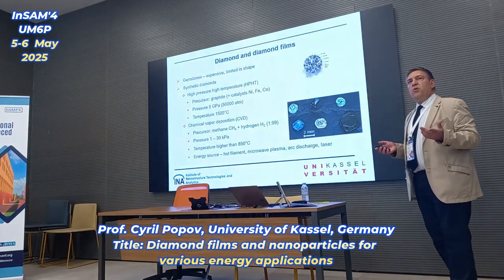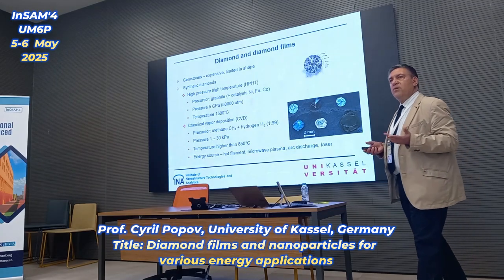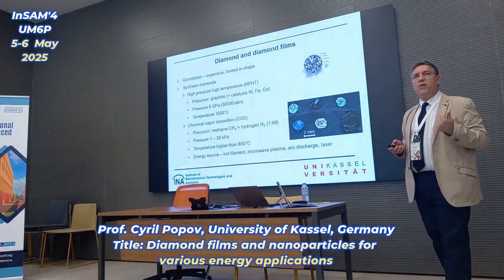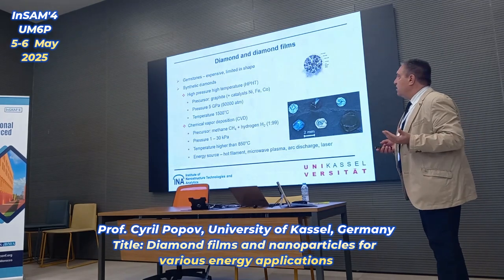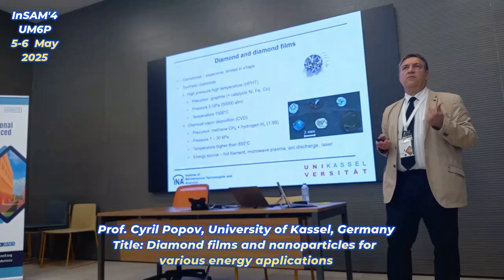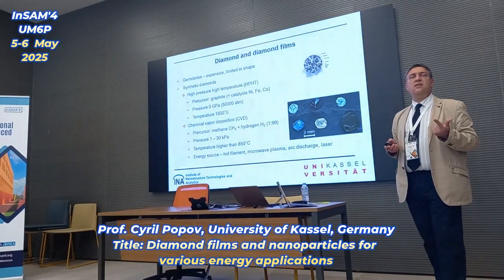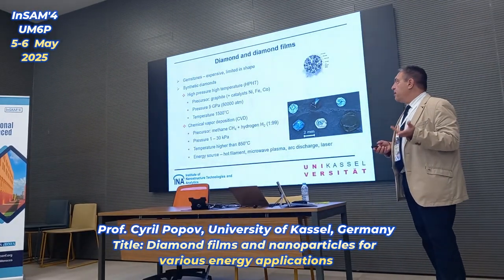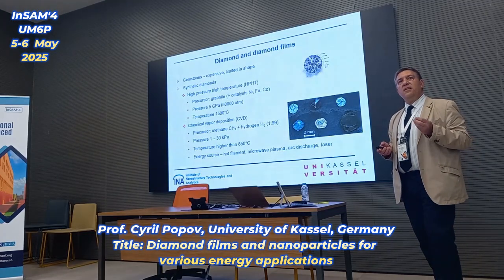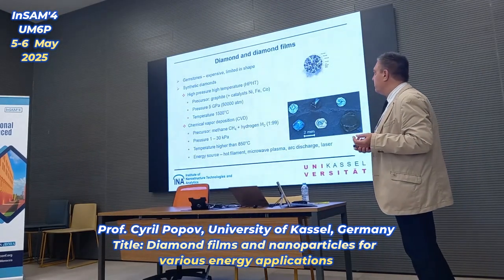So the properties of diamond were known, but the problem was its availability. The gemstones, or natural diamonds, are expensive and they are limited in size and also in shape. The first breakthrough was when the first synthetic diamonds were produced.